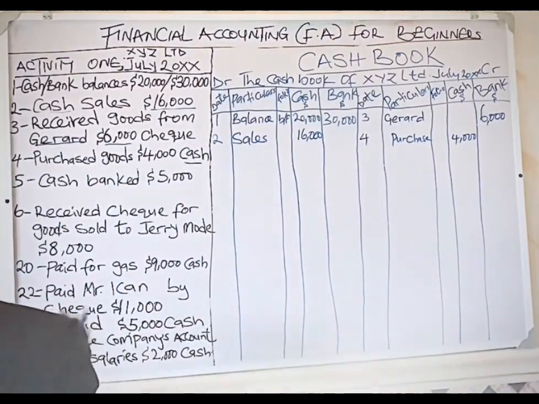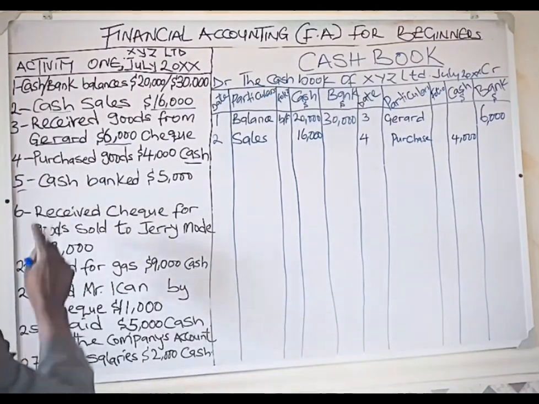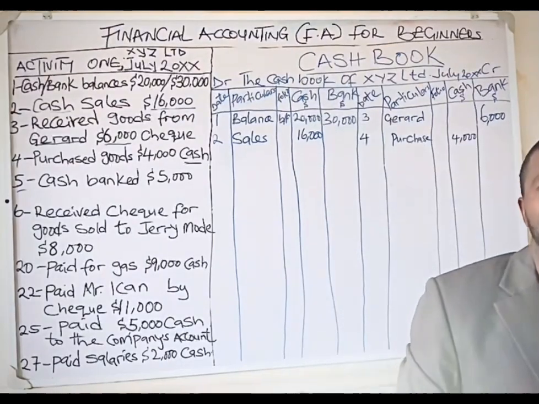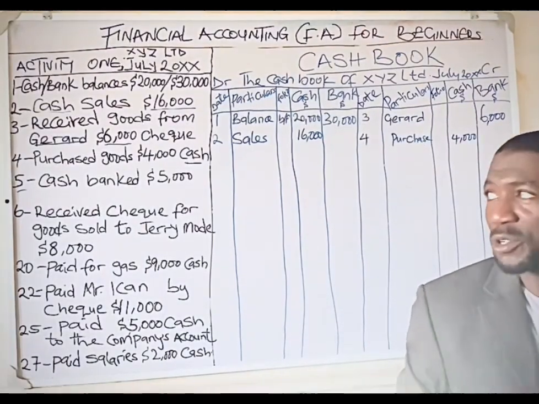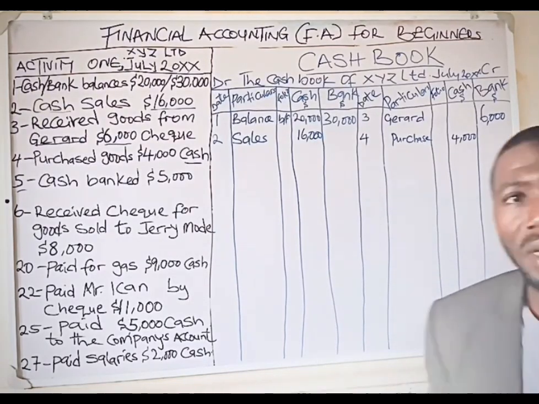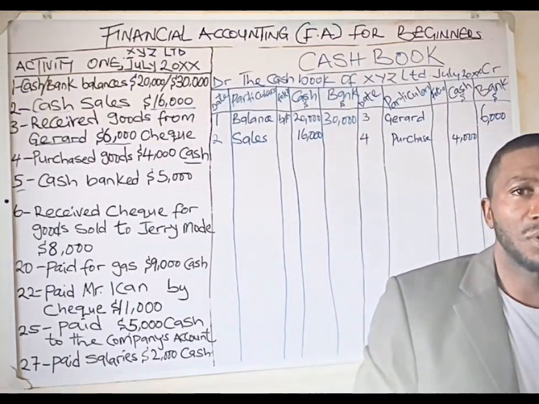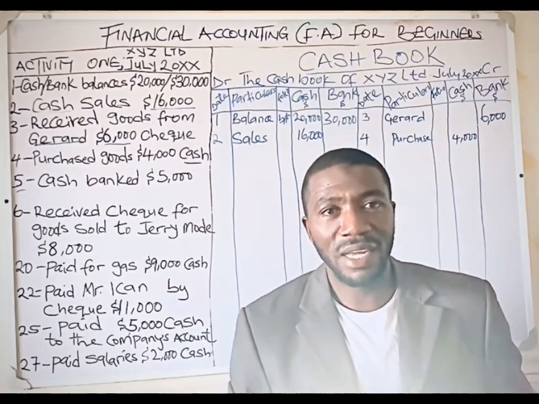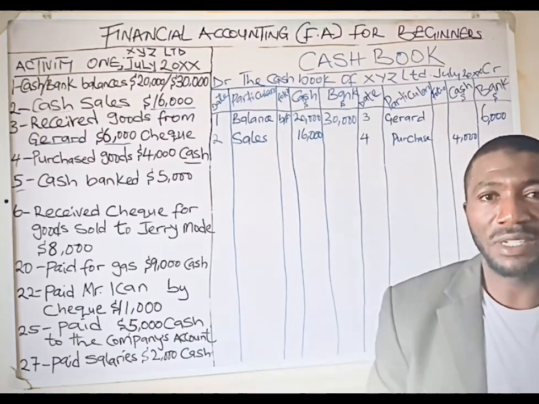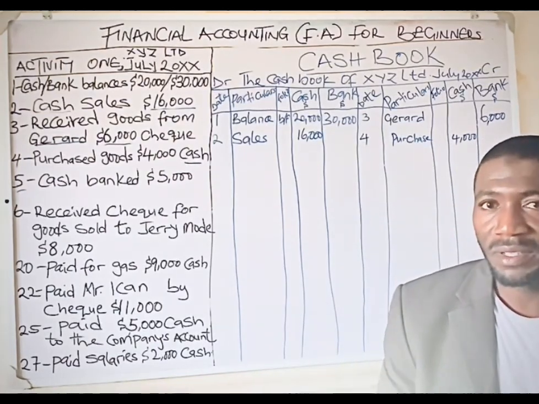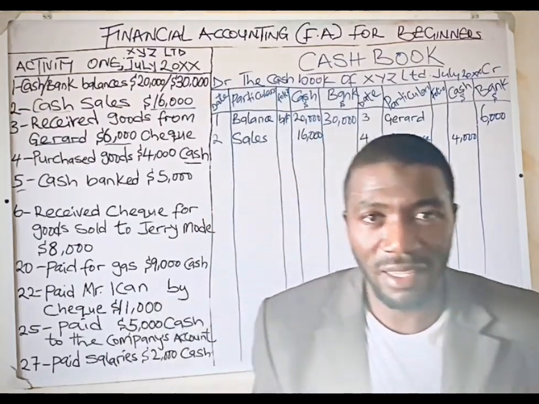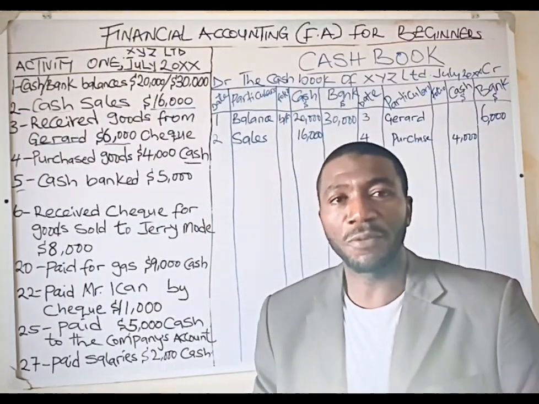Now, on the 5th transaction, cash banked. It looks somehow confusing, but it is very clear. In cash book, there is what we call contra entry. This contra entry means the circulation of the transaction. You remove money and put it again into the company. So you do not buy, you do not purchase, you do not pay for anything.